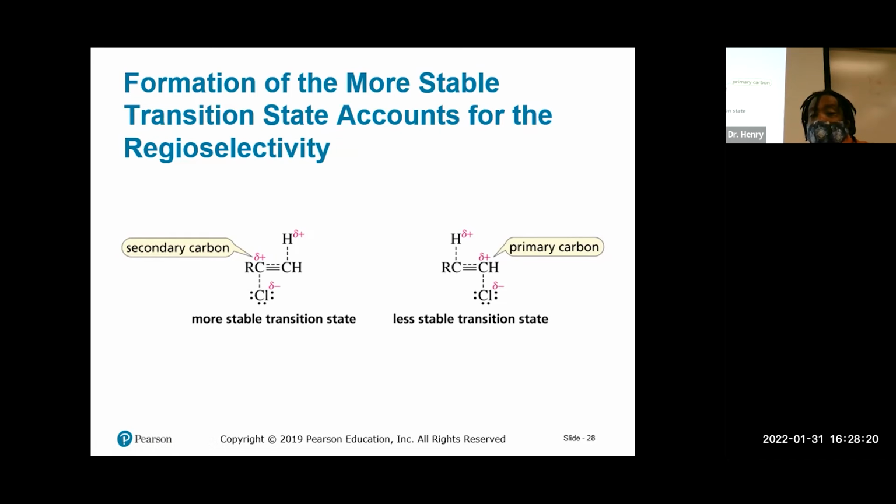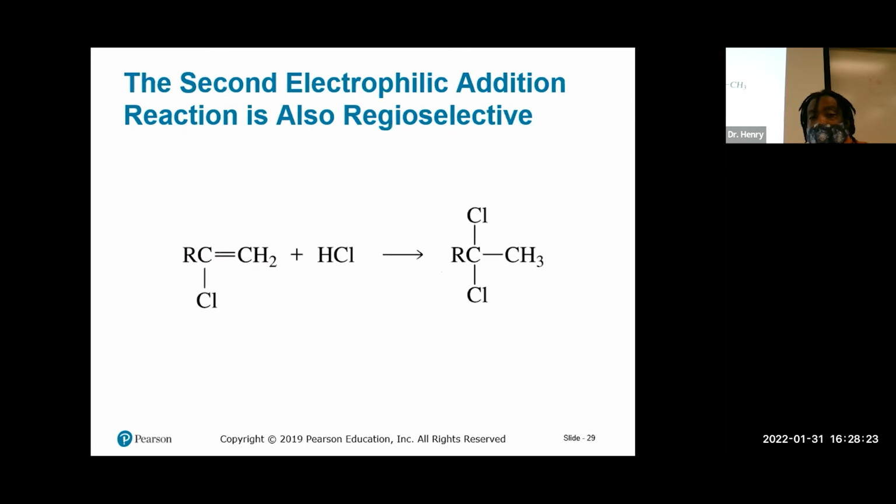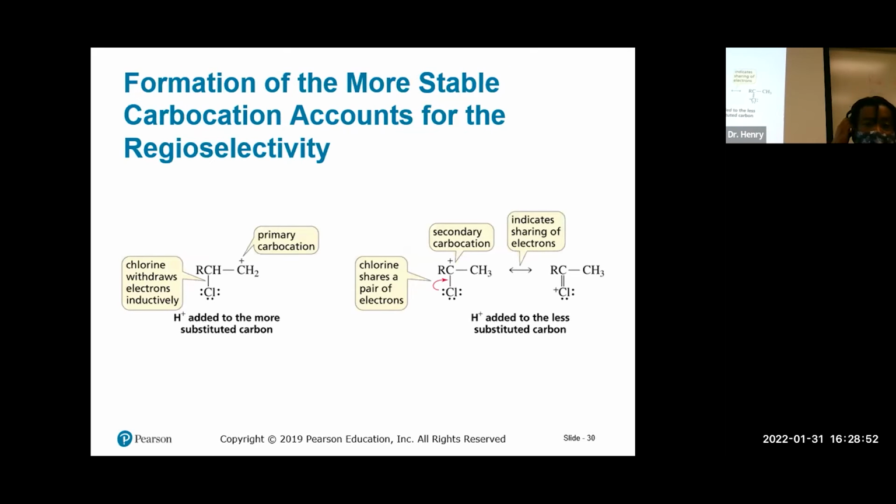If we have excess hydrochloric acid, again, we're going to get our geminal dihalide. And again, it's going to go on that secondary carbon, not the terminal, not the primary.